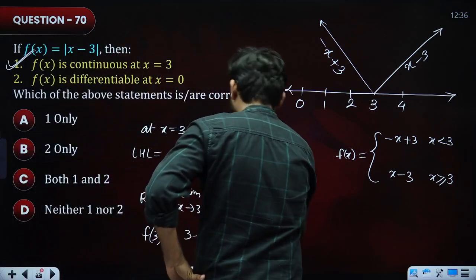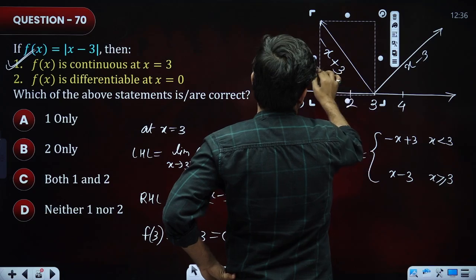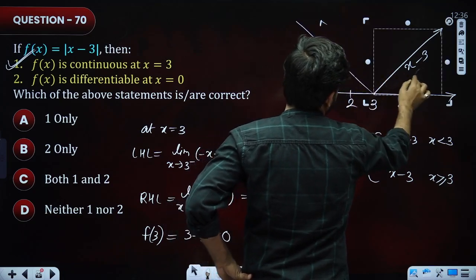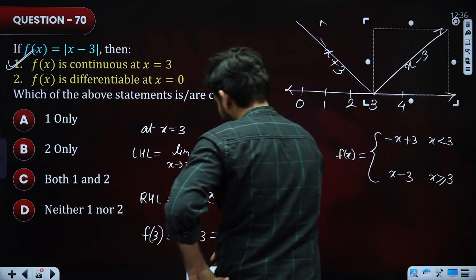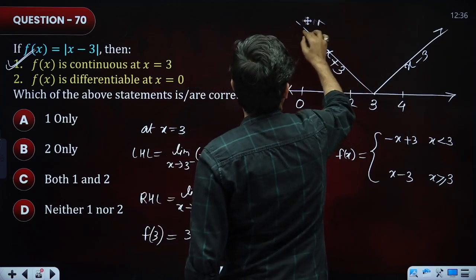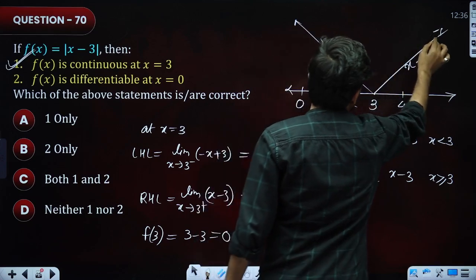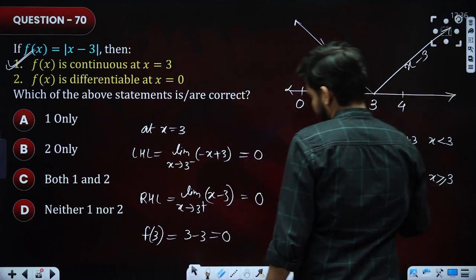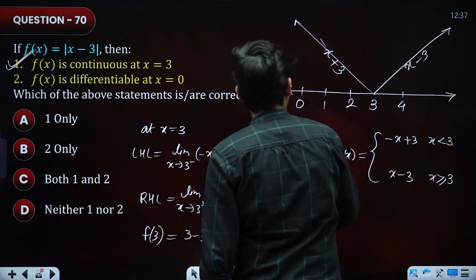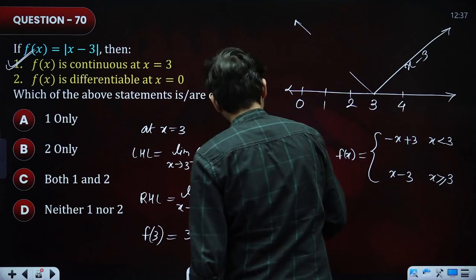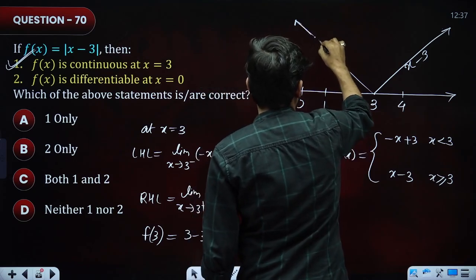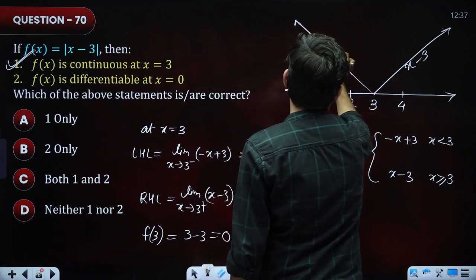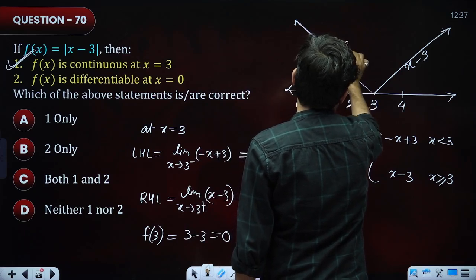So at x equals 0, look at here. Here we have minus x and plus 3.